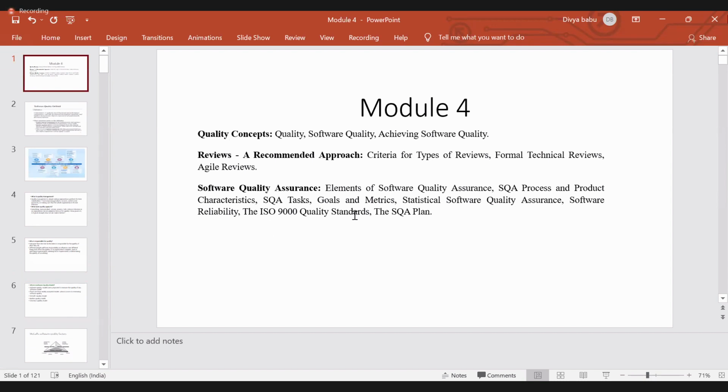Software ISO 9000: once I have to check in your textbook what points are covered in ISO 9000. Even the 9126 quality standard actually comes under 9000 only. So I need to discuss the different classifications; I will check once and explain. The SQA plan and reliability, these two points, then we can complete module 4.